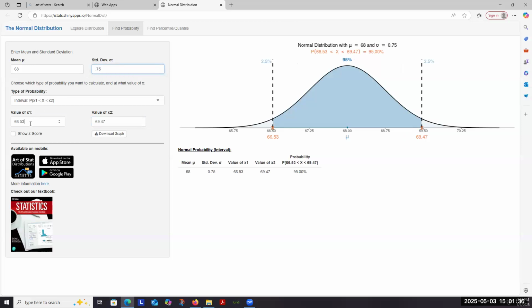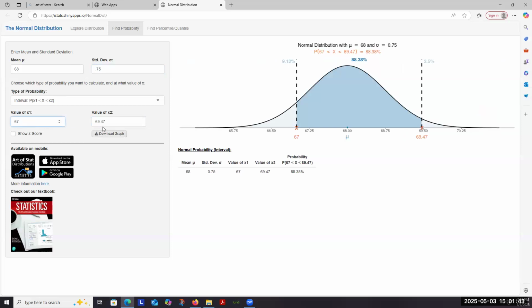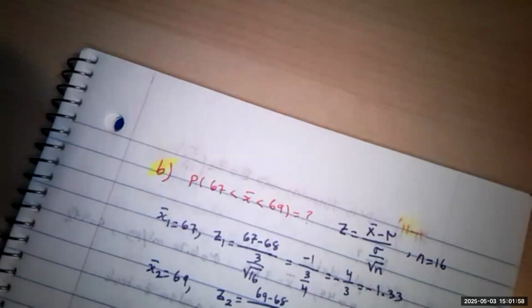Oh, be careful. This system, they change the numbers quickly, but it's the one that we did. 67 and 69. So get this information and be accepted. So 82% is the final answer. Okay, so that would be our first question.